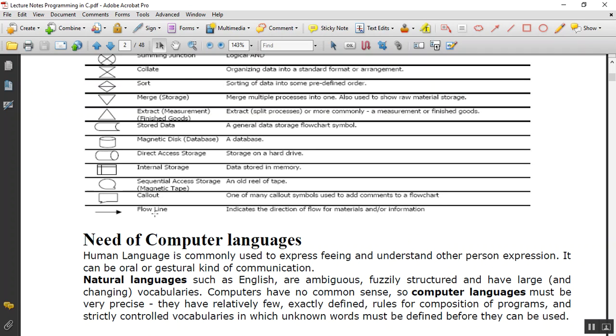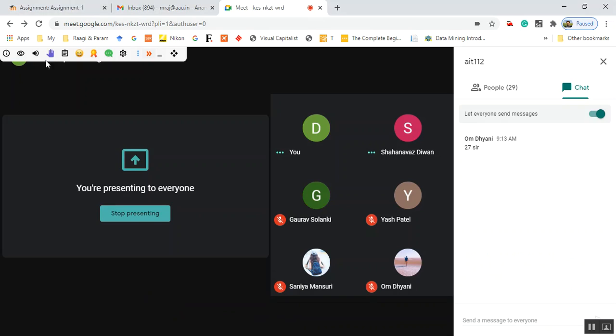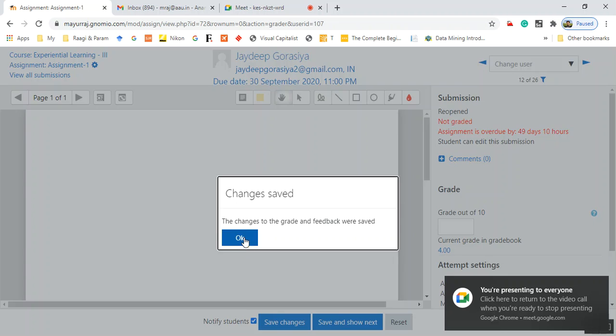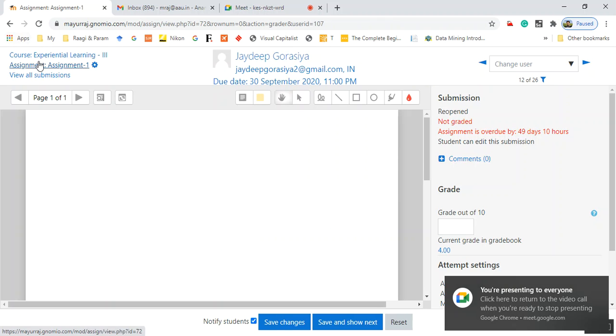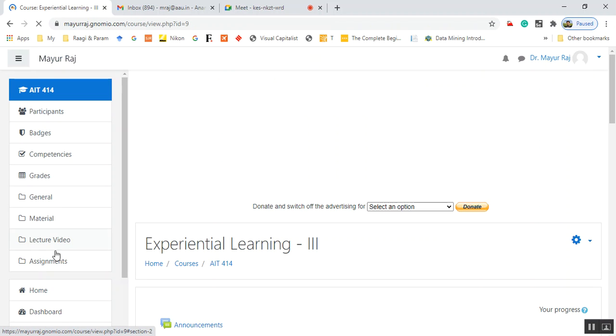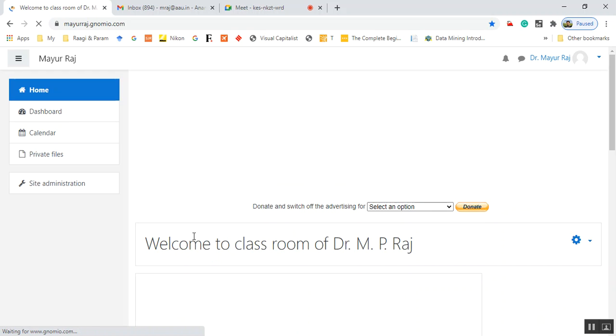And you are supposed to write an algorithm and flowchart for almost all programs up till number 20. Up to 20 you are supposed to write an algorithm and flowchart for almost all programs, and you know where they are. It is available in this. I'll go to my home.